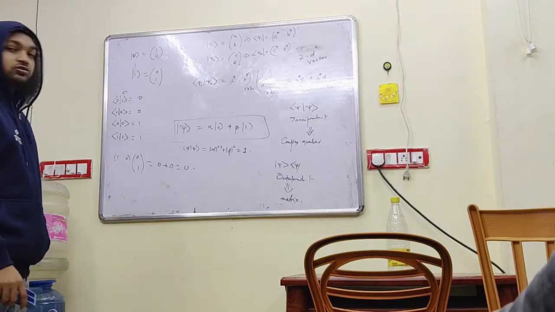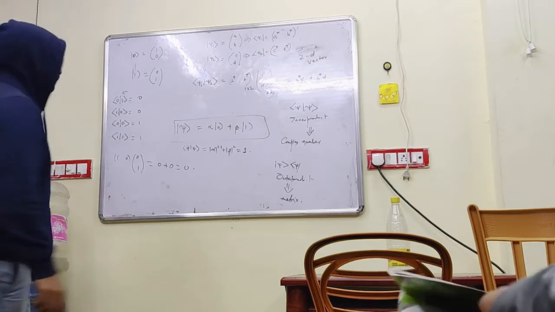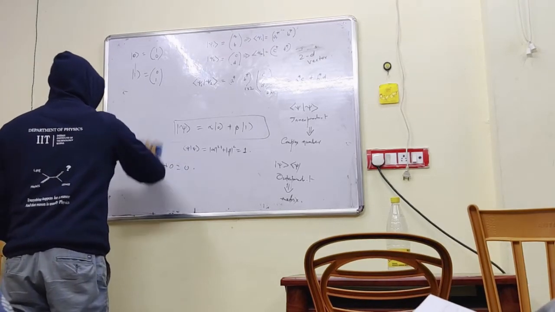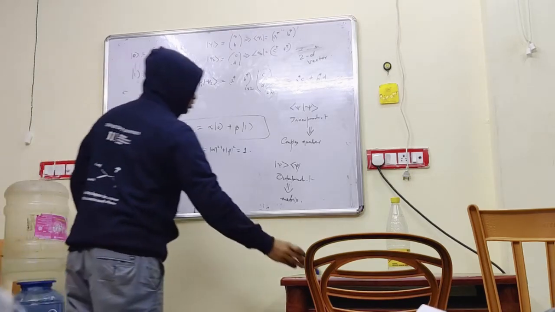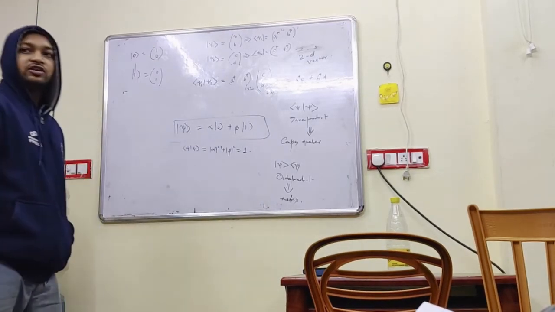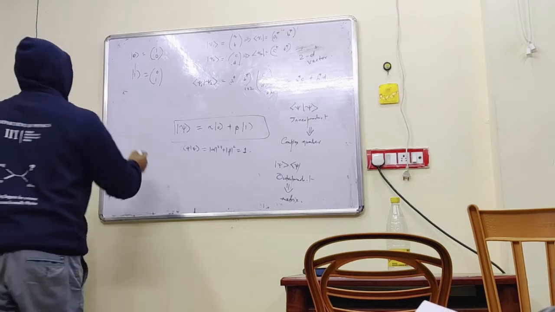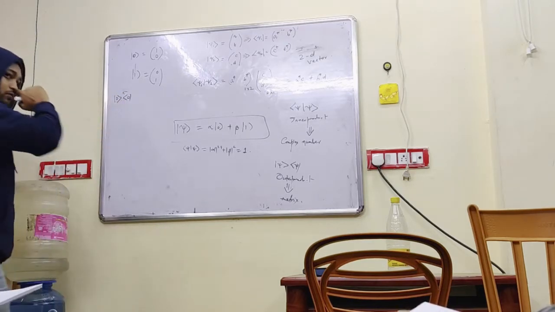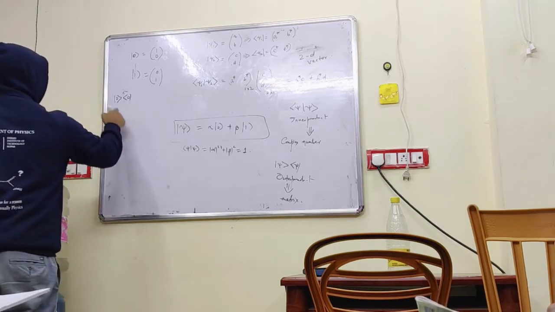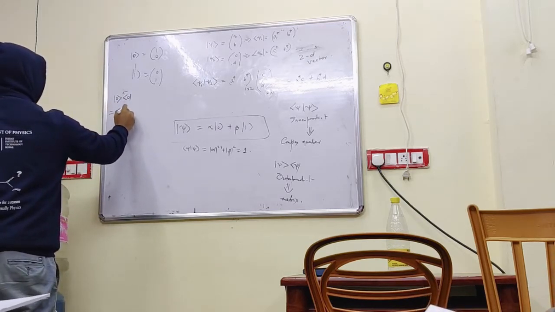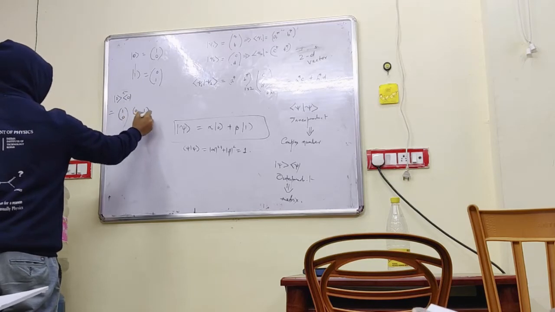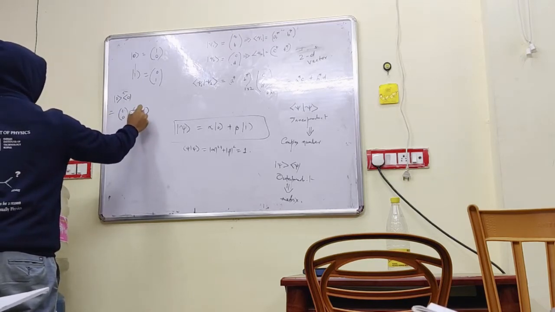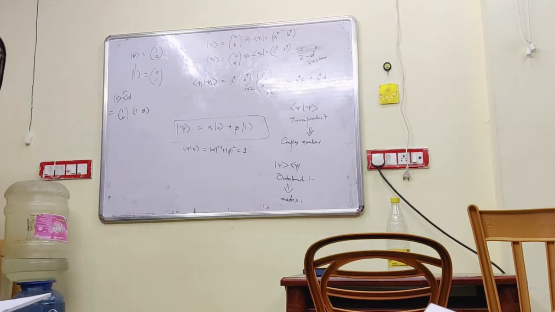Okay, let's now do the outer product. The outer product is going to be a matrix, right? Let's calculate |0><0| first. How would it look? 0 ket is [1 0] column, and 0 bra is [1 0] row.